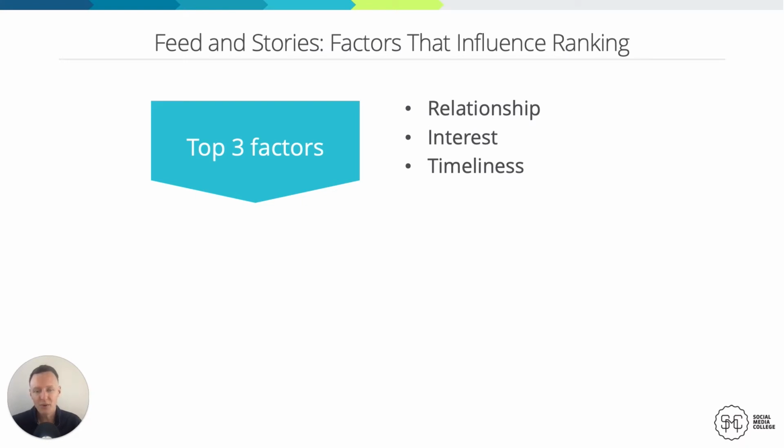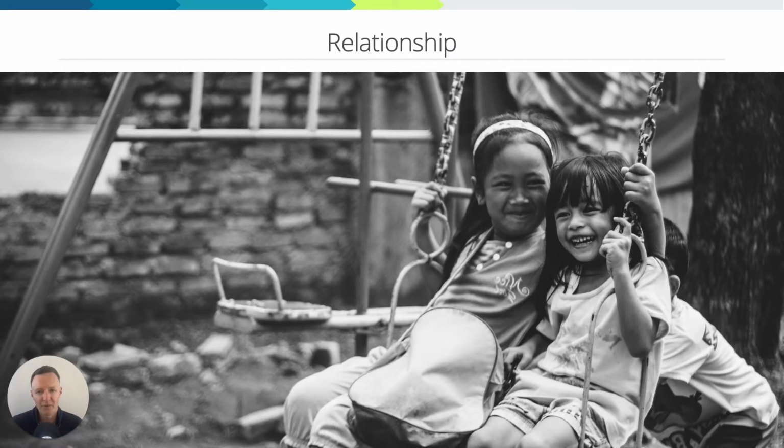Interest is whether or not the user likes that particular type of content. They've got some pretty cool image recognition technology that knows whether people are interested in certain types of content, whether that's about surfing or fashion, etc. And third, timeliness. Was it shared recently? That's what it's assessing. So let's have a quick look at each of these top 3 factors.